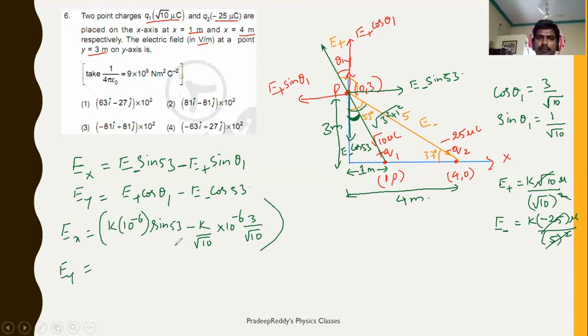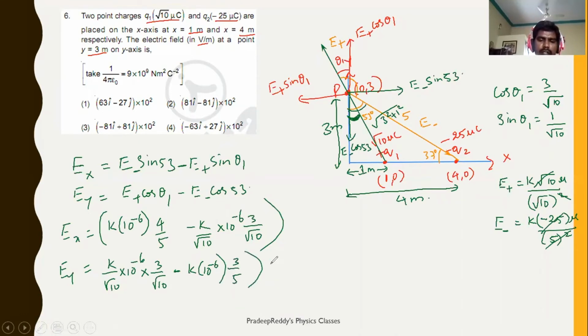Similarly, along y-axis, sine 53 can be written as 4 divided by 5. I am writing it as 4 divided by 5. Next, coming to Ey, because of this positive charge, it is K by root 10 into 10 power minus 6 into cos theta 1, it is 3 divided by root 10, minus E minus, which is K into 10 power minus 6 and cos 53, it will be 3 divided by 5.